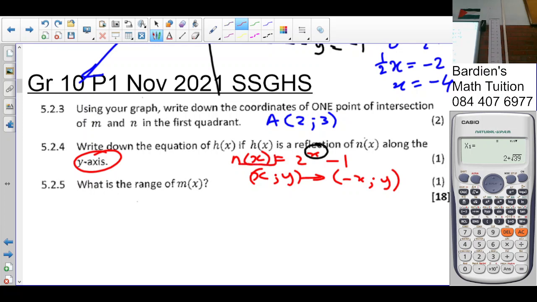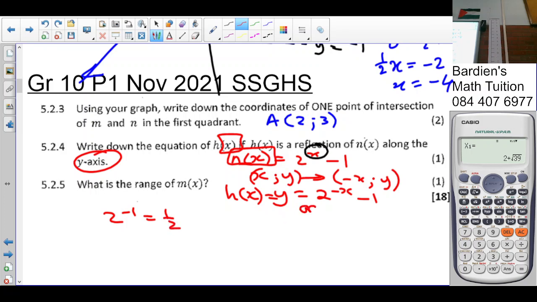We say y, and remember n of x is a y. So y is equal to 2 to the minus x minus 1. But this is the graph of h of x. So h of x is equal to 2 to the minus x minus 1. You can write that as 1 over 2 raised to the x. Why? Because 2 to the negative 1 is 1 over 2. So this could be written as half raised to the x minus 1. Either one will get you the full mark anyway.